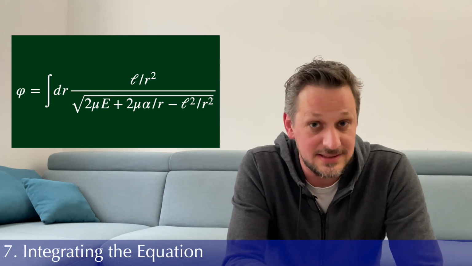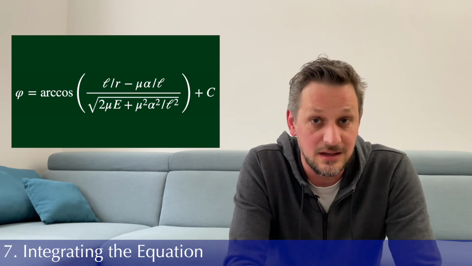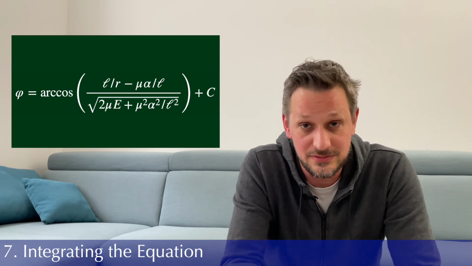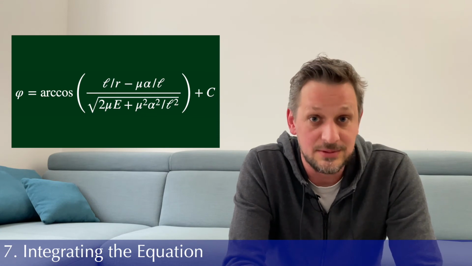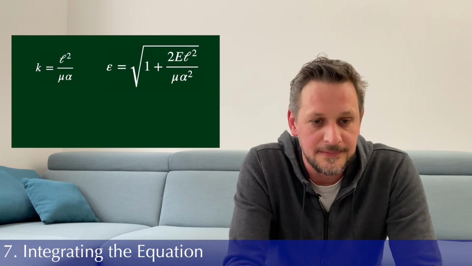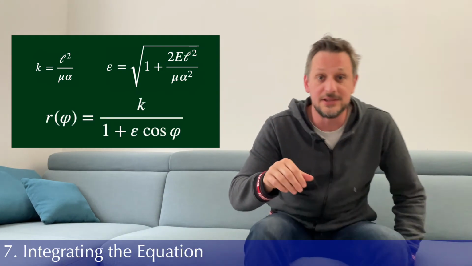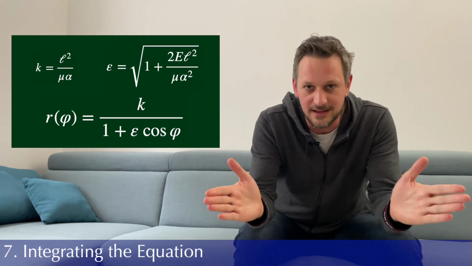It's really just a basic integral for the arc cosine. So that's what we get. Now all that's left to do is to solve for r and polish it up a bit. And we start by introducing some new simplifying definitions like these. Then we finally get the solution, which we can recognize as the equation for all conic sections. So, ellipse confirmed.